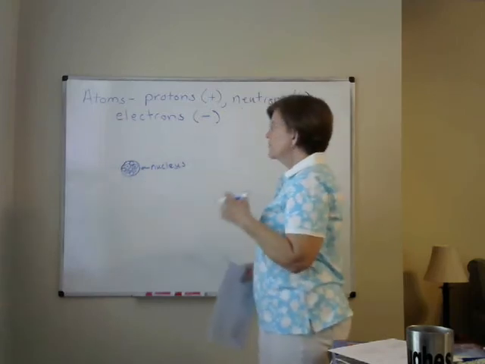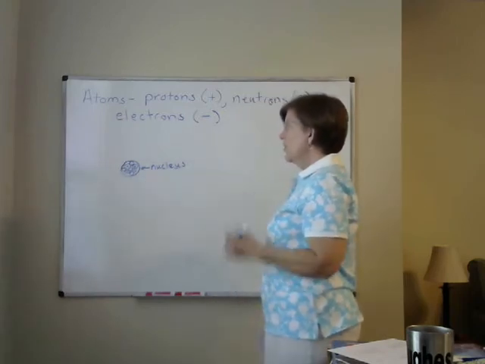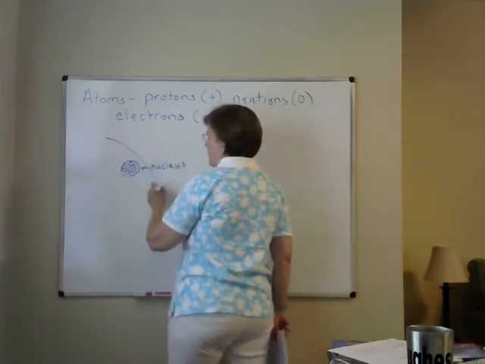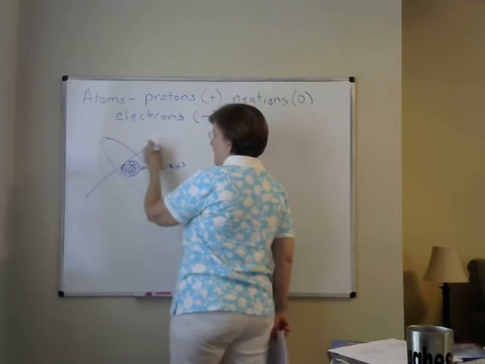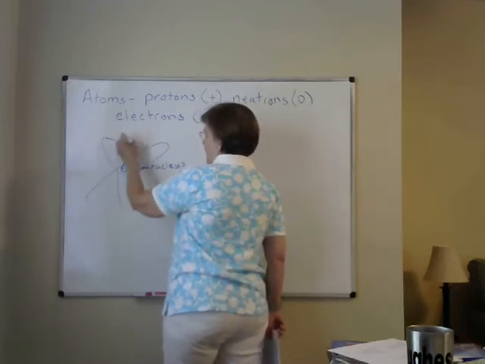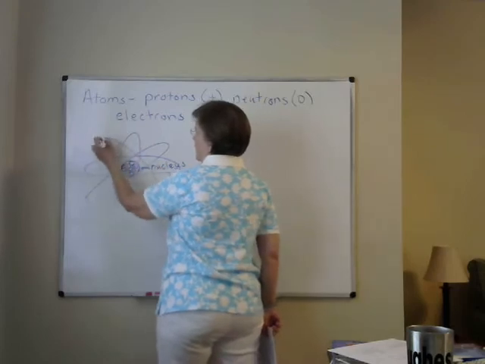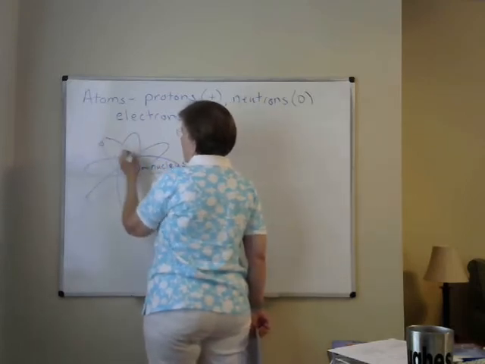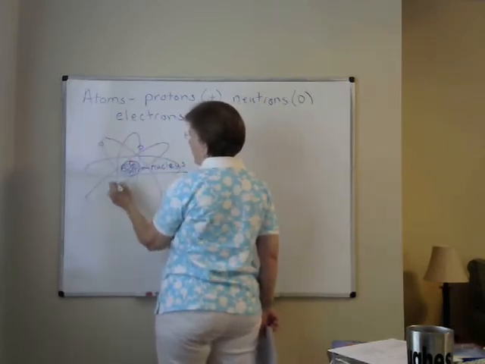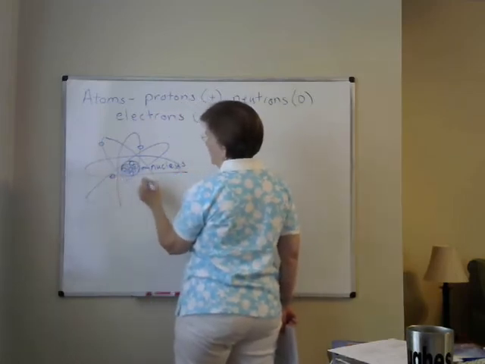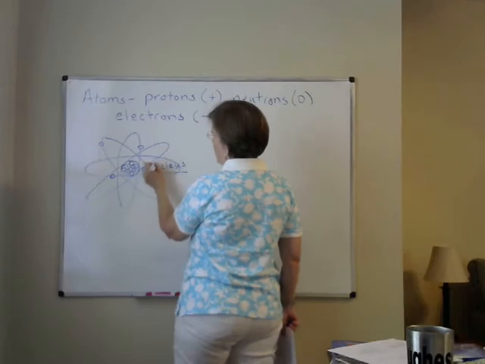Now, surrounding the nucleus are all of the electrons, and you've probably seen them drawn where they look like they're orbiting something like this, and I can draw some orbits. So there's an electron, and there's one electron. I'll put one on each orbit. And here's an electron, and here's an electron.